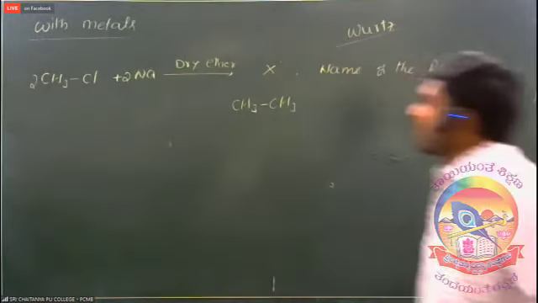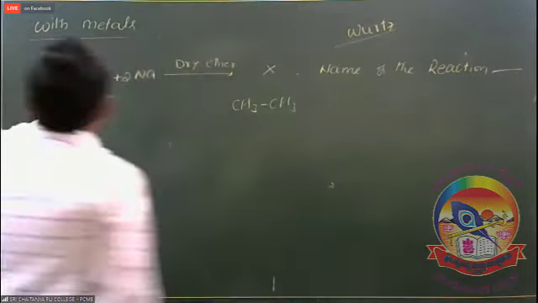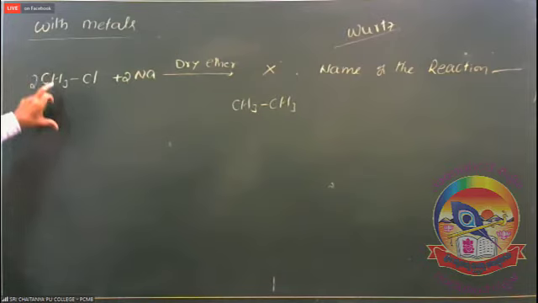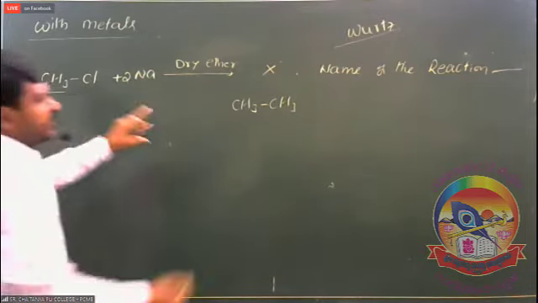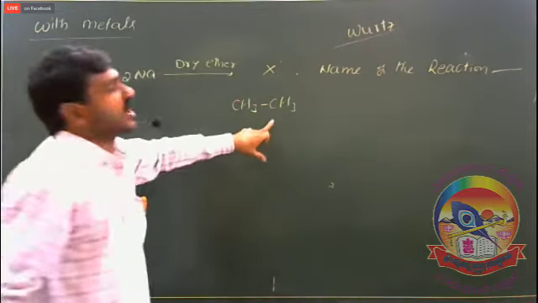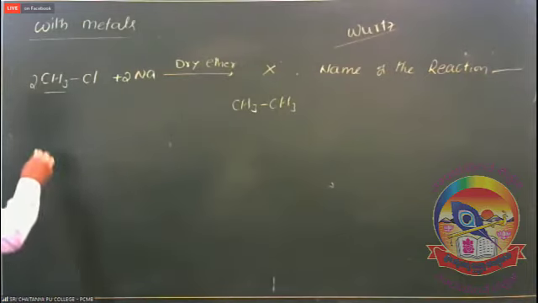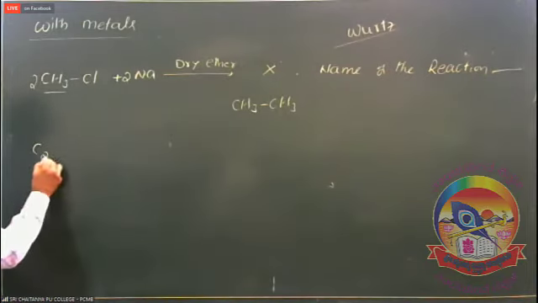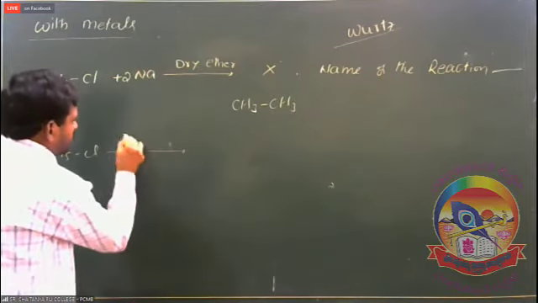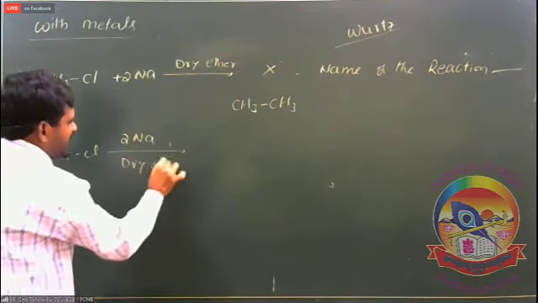CH3-CH3, ethane. The reactant methyl chloride contains only one carbon, and the alkane formed has two carbons. What is the name of the reaction? Wurtz reaction.